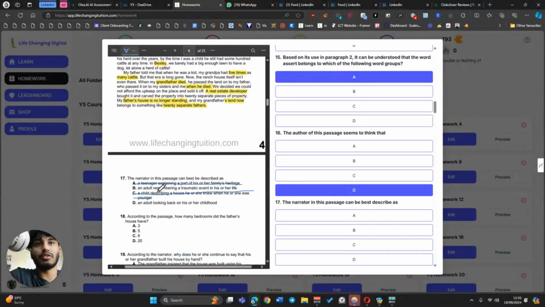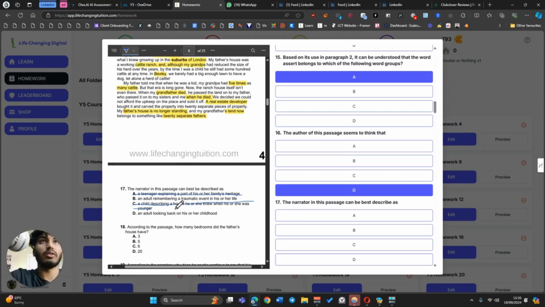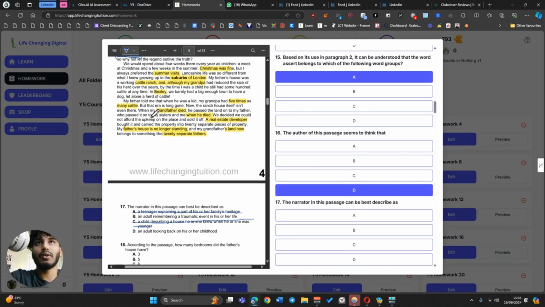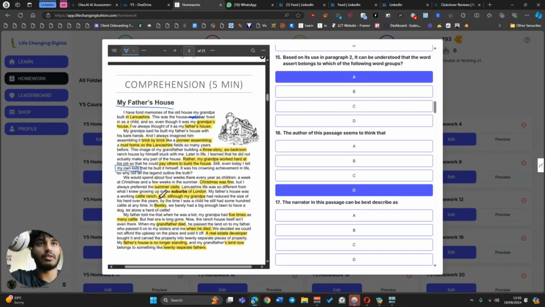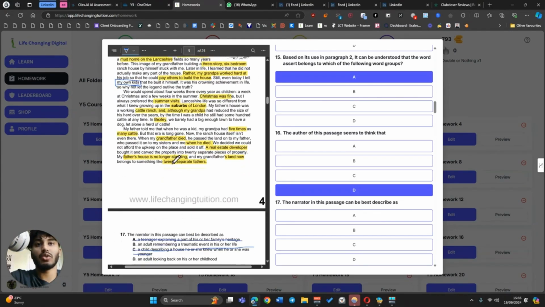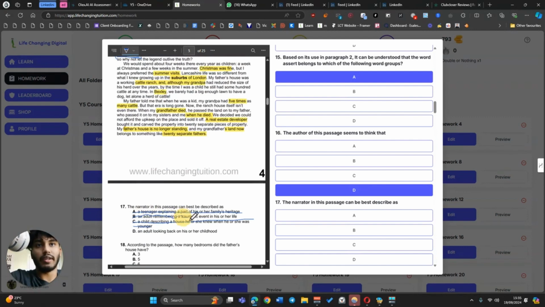So we've got two options here. It says adult remembering a traumatic event in his or her own life, or an adult looking back at his or her childhood. So if we read the whole passage, there's nothing traumatic about it. It's talking about his grandpa building the house and it being his father's house. So it's not option B. Option D would be the best option here.